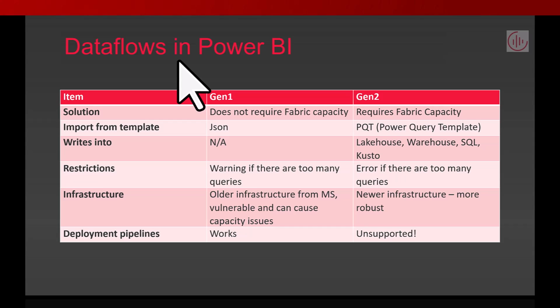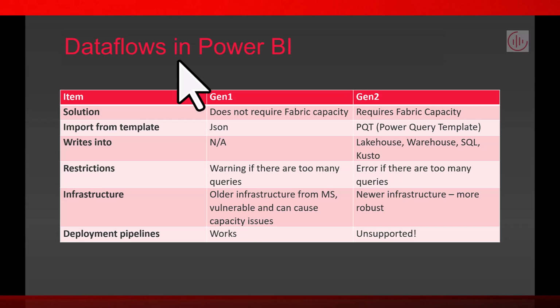Then the next one's kind of invisible to us as end users, so infrastructure. I know from speaking to Microsoft that Gen 1 data flows are based on older infrastructure, and I wouldn't say vulnerable as such, but it's more vulnerable, I think, than Gen 2. I did come across one example where a vulnerability on the Microsoft side in terms of performance actually caused a capacity issue.